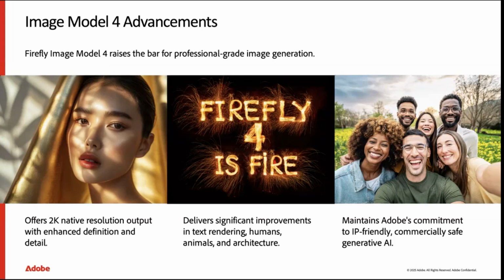Then there's significant improvements in terms of text rendering. Humans, I'm sure all of you would have heard of it as a challenge, right? So at any point of time, we've worked rigorously to get the humans, animals, and architectures right. And we have maintained the commitment to be IP safe and IP friendly, and we credit all the contributors that come to our stock platform, right?